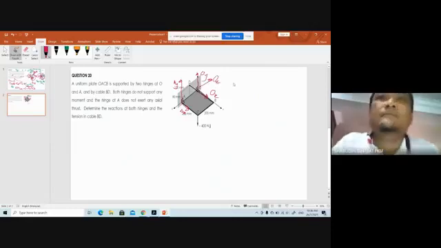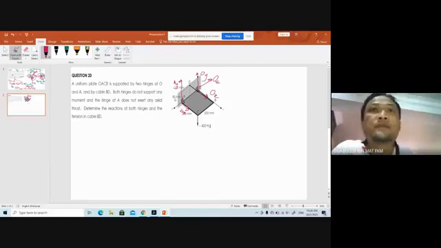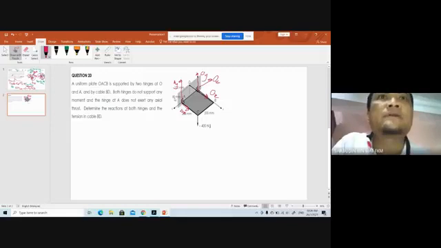Determine the reaction. This one asks you to get the reaction, so you have to do the normal calculation: summation of force I, J, K all equal to 0, moment at point O equal to 0. But don't forget, determine the reaction at both ends and the tension in AB.